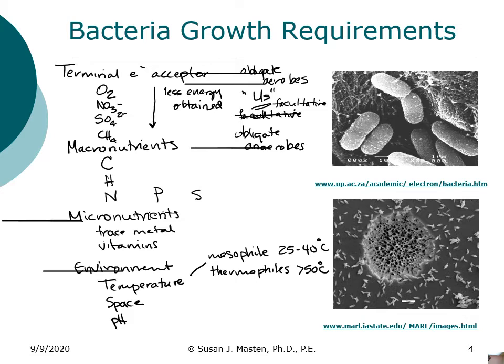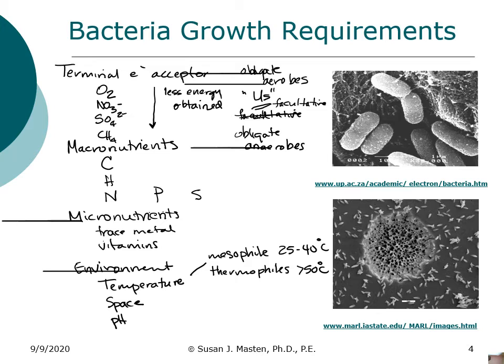Now, we looked at the growth requirements of microorganisms, and what is true also for microorganisms is also true for heterotrophic organisms all the way up to humans. So all organisms require a terminal electron acceptor, and that can be oxygen, nitrate, sulfate, or methane.